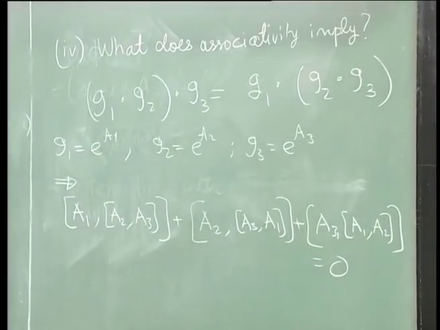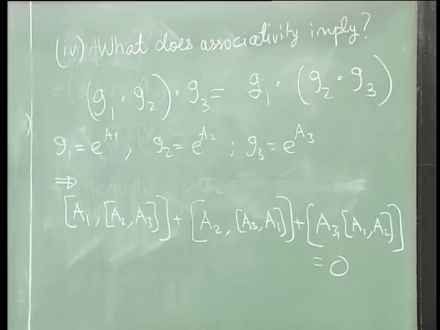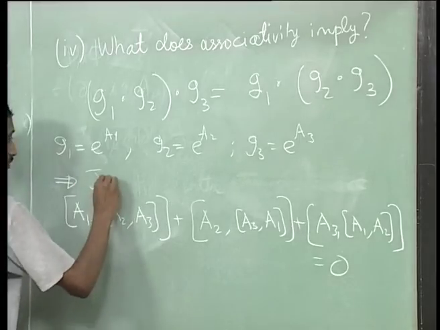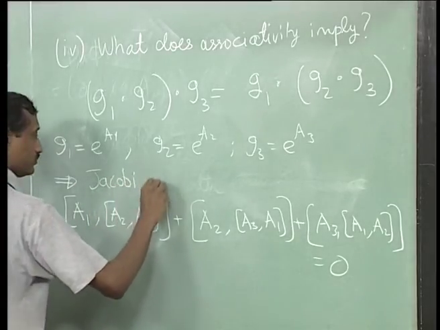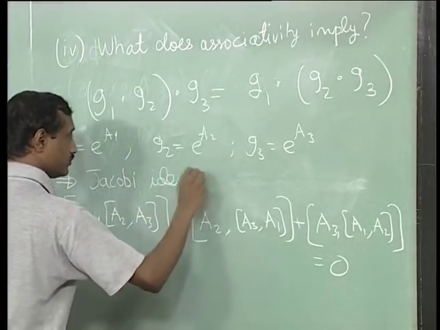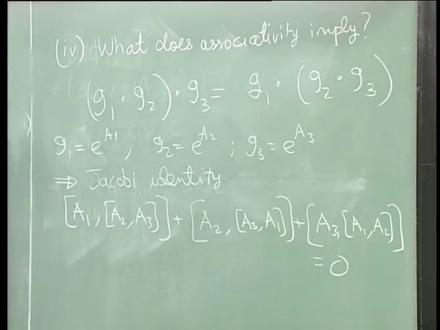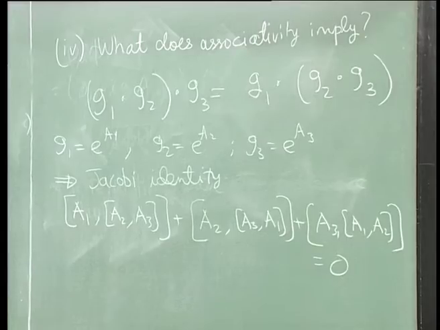So, for matrices, this is true. If you give me any 3 matrices, they satisfy the Jacobi identity. So now we have a definition of what we mean by a Lie algebra.